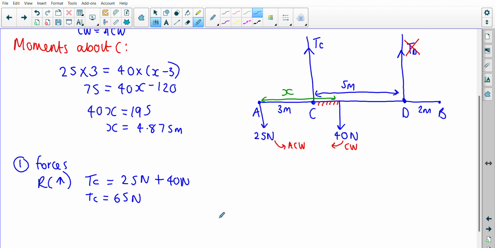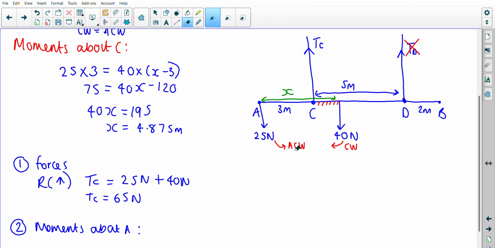If I then decide to take moments about A, I will have different things happening. So I'll just get rid of these parts because they'll have changed, or some will have changed.